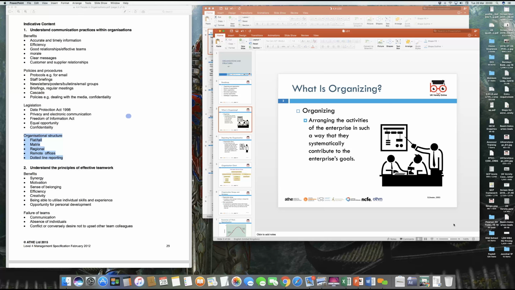Similarly, if we expand that example to what organizing means, it is a series of activities done in a systematic fashion within an organization, which allows you to contribute to or achieve a goal. The example I gave you is a personal one at home, where your main aim is to tidy up your room, to make it more presentable and livable.